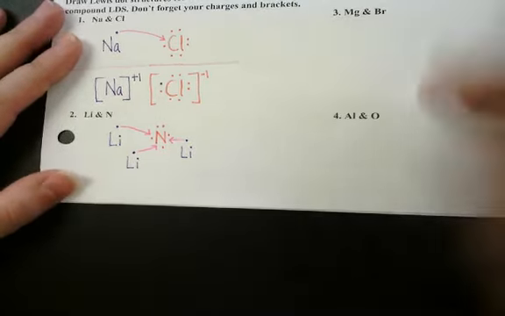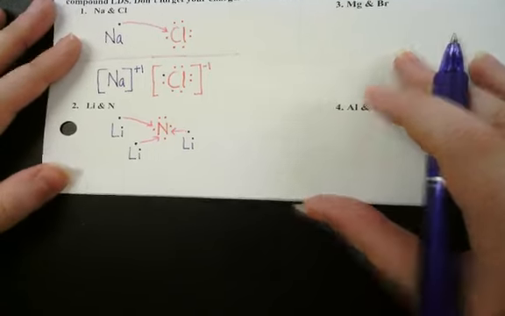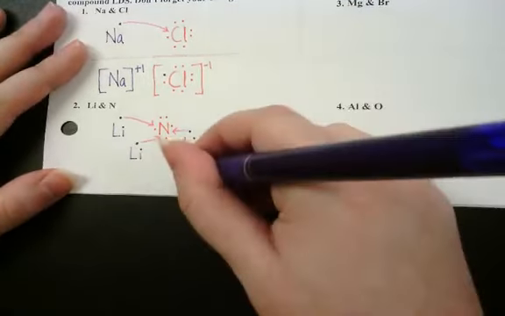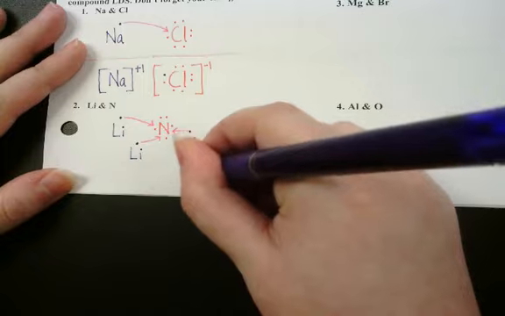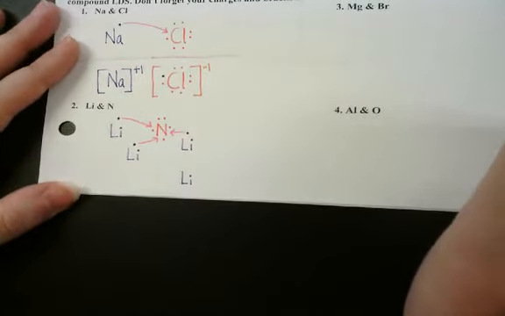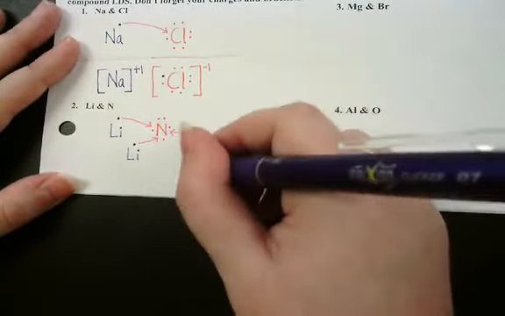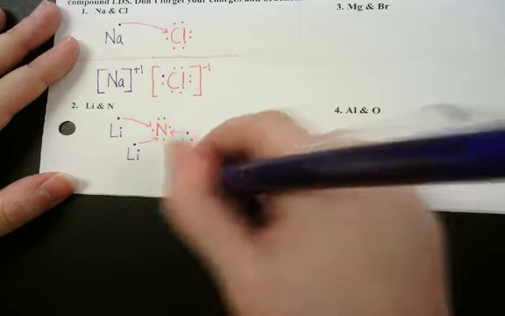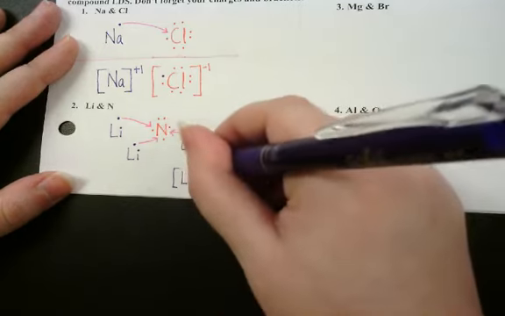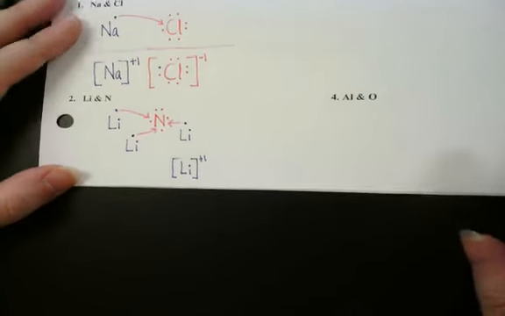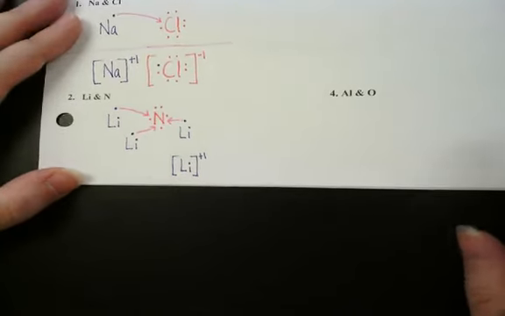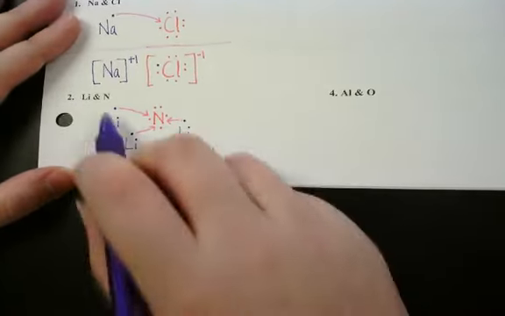Okay? So, lithium as an ion is going to look like what? How many dots? 0. And then what are we going to do? Brackets, and I have a positive what charge? Positive 1. Okay. How many lithiums did we draw here? 3.